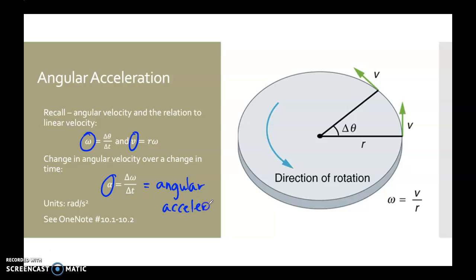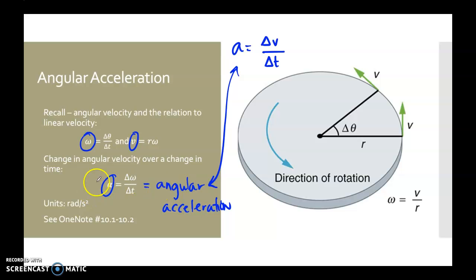Again, remember in linear motion, we had that acceleration is some change in velocity over some change in time. So it makes sense that our angular acceleration is now a change in our angular velocity over a change in time.